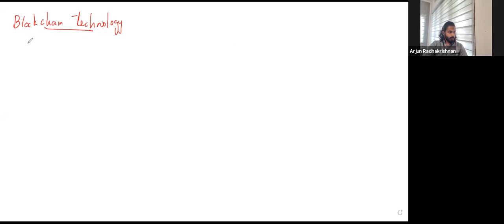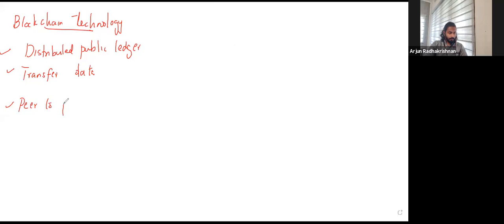Blockchain technology is a distributed public ledger, which is capable of transferring data in a peer-to-peer fashion by using cryptographic techniques.